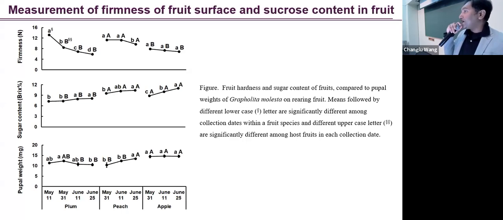Then we got higher pupal weight. On June 25, again the firmness goes down and sugar content goes high, and we got a very good pupal weight. The pupal weight is higher on peach at the later stage. And if you see apple, the sugar content also goes up, and we are getting higher pupal weight for apple.